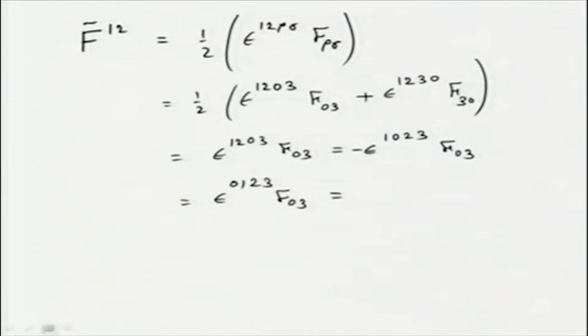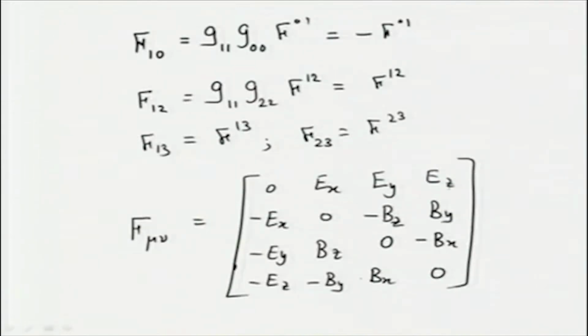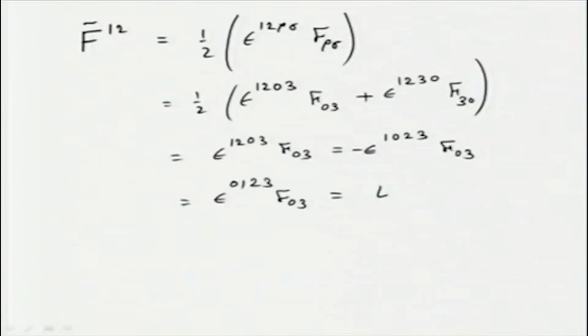F 0 3 is E z. So, this is equal to E z. Similarly, we can get F tilde 1 3 as minus E y and F tilde 2 3 as E x. The rest of the terms are all obtained by taking the interchange of the indices from whatever we already have.